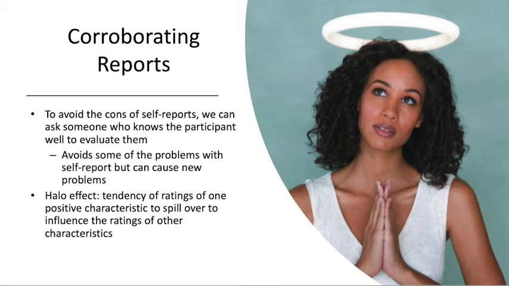So there are cons, of course, to using self-report measures and using them almost exclusively. But there are measures that are put in place that we can use to minimize the bias arising from these self-report measures, or to minimize the cons of using self-report measures. So, for example, we can corroborate the reports of the self-report measure.